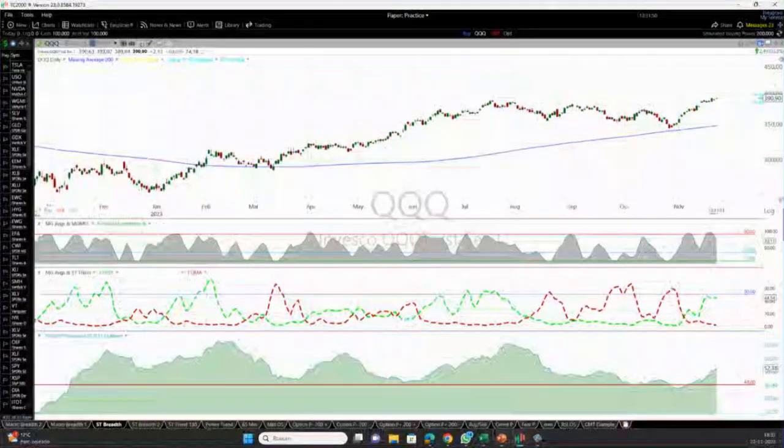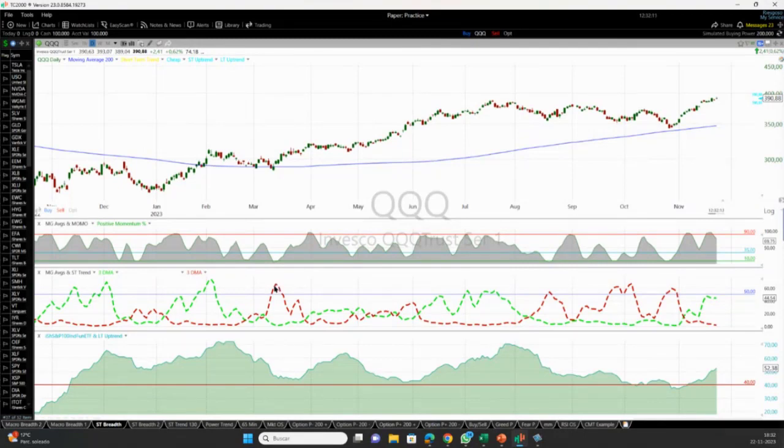So again, the same breadth study that you can use for trending signals, you can also use at the extremes for mean reversion. When you see these extremes, they're also extremes in investor psychology.